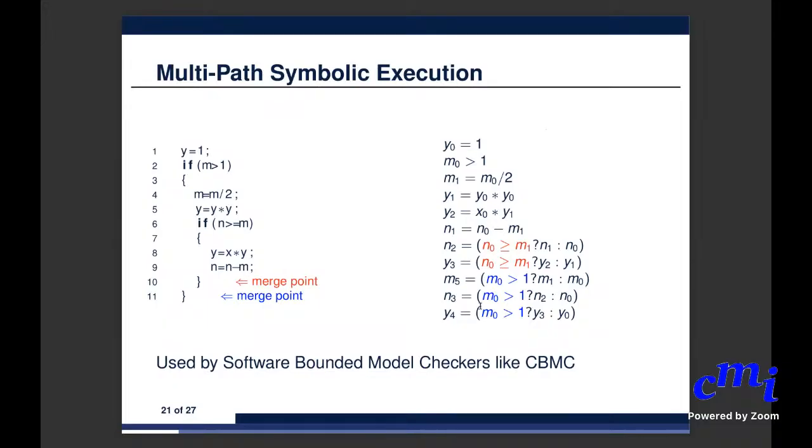Okay. And that is linear. The number of extra variables that you introduce is linear in the number of branching conditions in the straight line in that block of code.